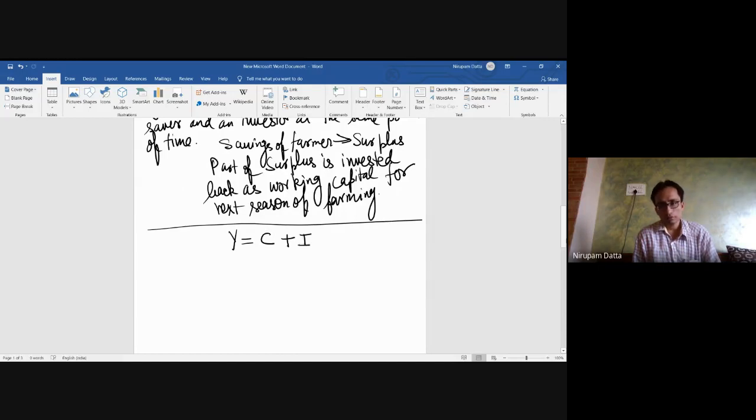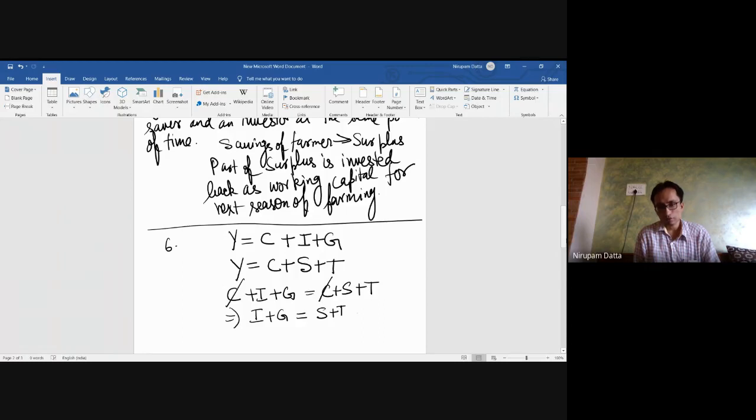National income identity: C plus I plus G. Using the income method: C plus S plus T. Both are equal, so C plus I plus G equals C plus S plus T. C and C cancel each other out, so we are left with I plus G equals S plus T.